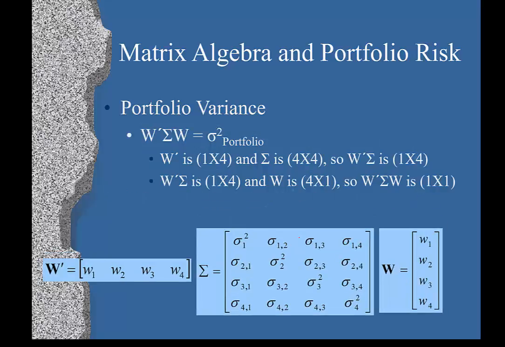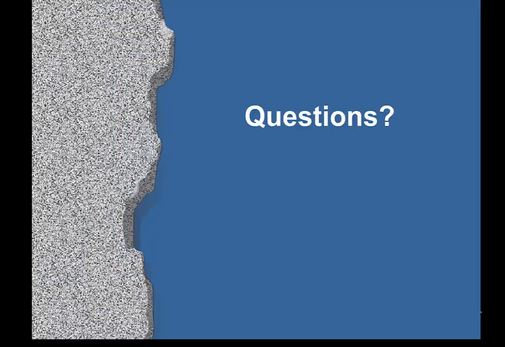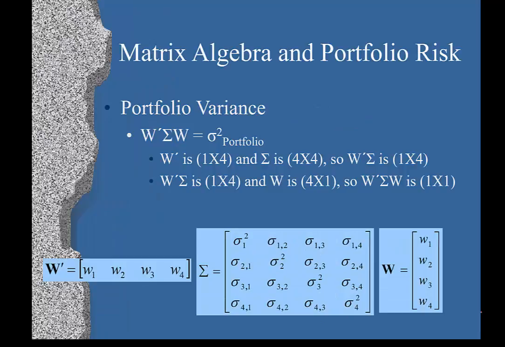So we're going to do a 1 by 4 times a 4 by 4, and the result matrix will be a 1 by 4, which we're then going to multiply by a 4 by 1, and we'll get a 1 by 1 matrix. So that's what we're going to do.